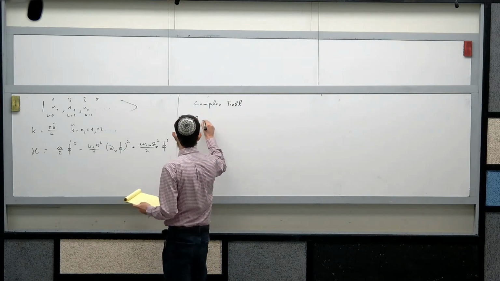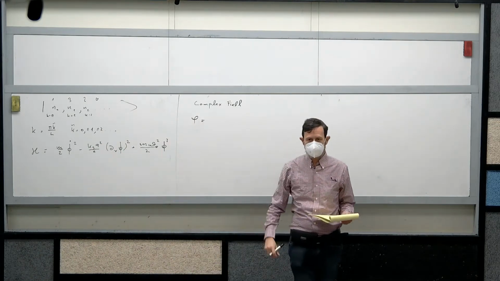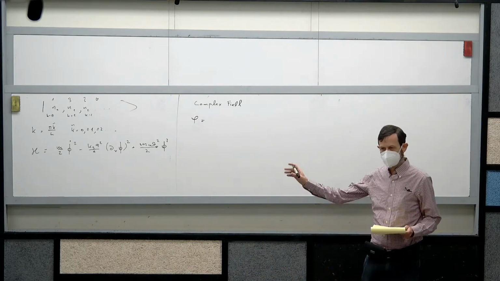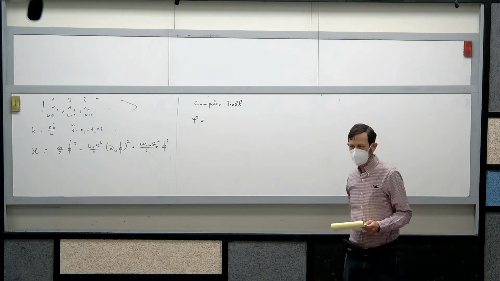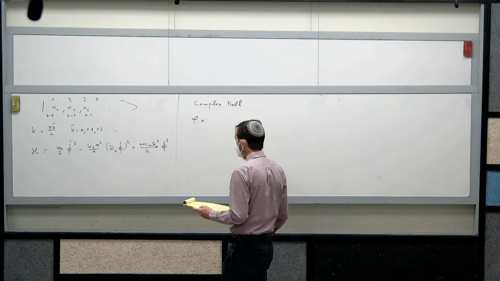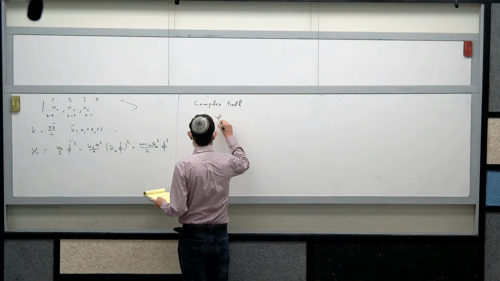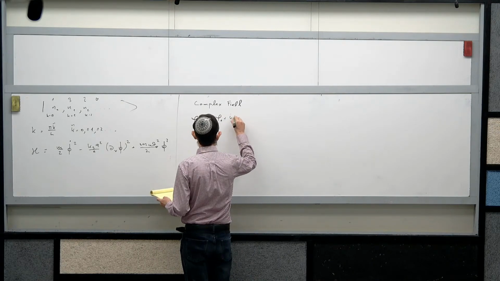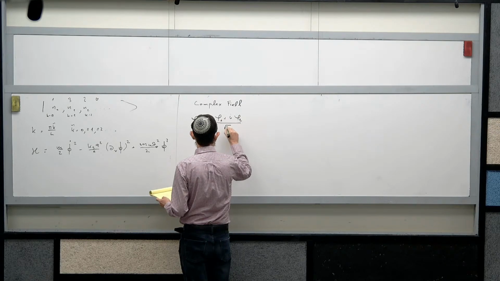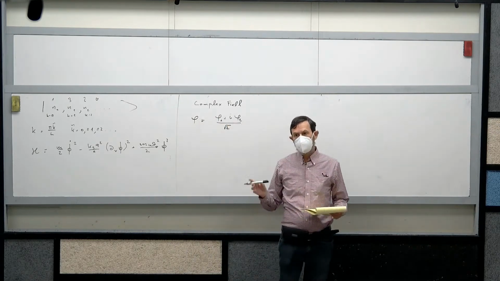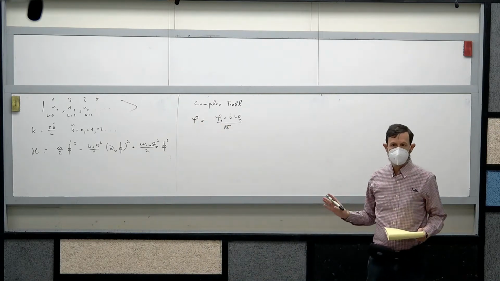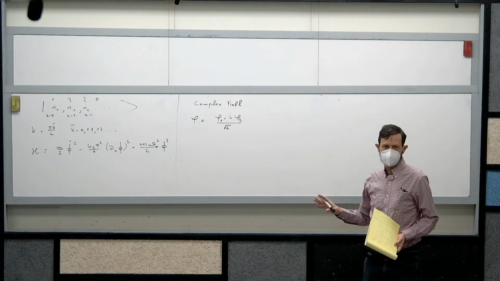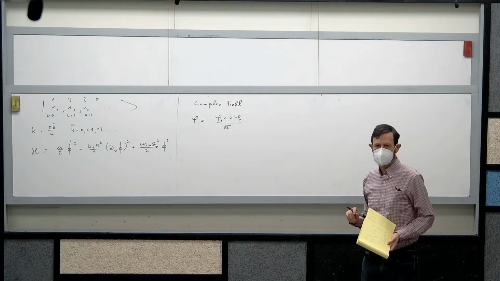So I'll call it phi, small phi in this case, just to separate it from the regular scalar field. And phi1 and phi2 are real numbers. So I have a good, well-defined complex field here.